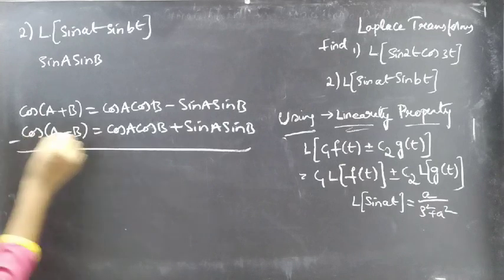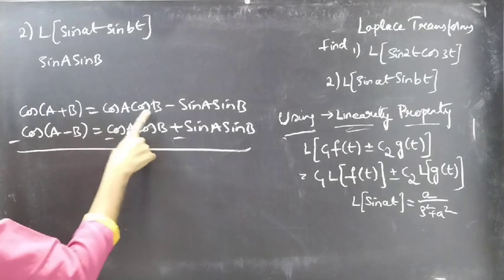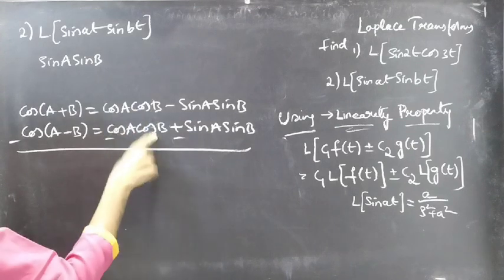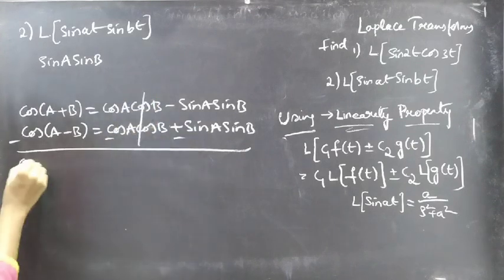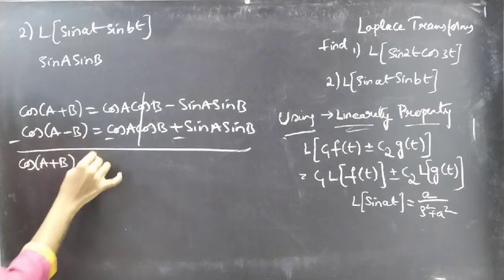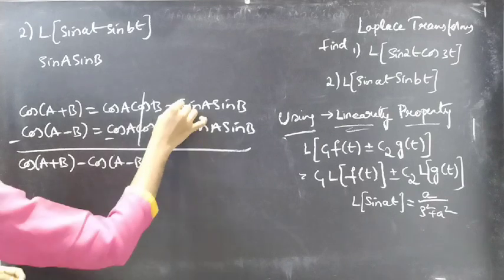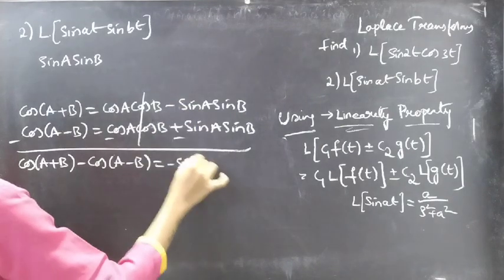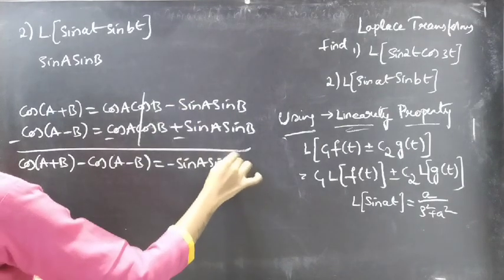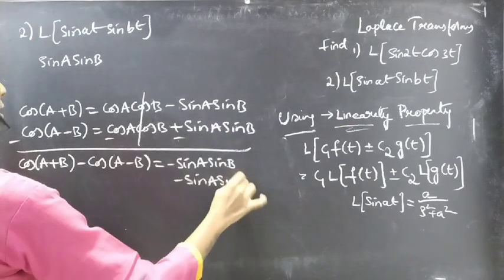So we have to subtract the second formula from the first formula. Then cos A cos B minus cos A cos B gets cancelled and you'll get cos A plus B minus cos of A minus B equal to minus sine A sine B minus sine A sine B, right?